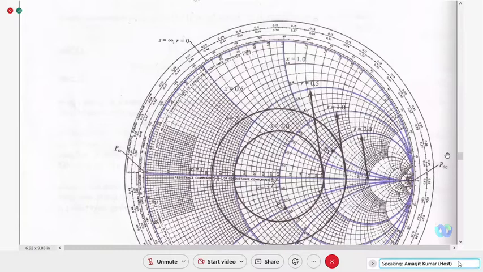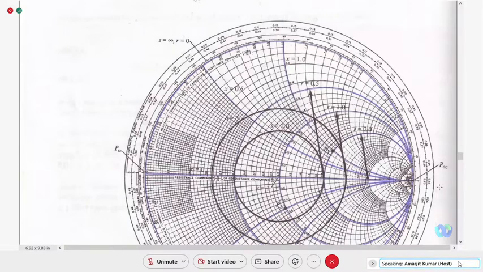So 0 to 0.25 lambda means 180 degrees. Am I correct or not? I am only talking about half of the chart, moving from here to here. So 0.25 lambda corresponds to 180 degrees on the Smith chart.